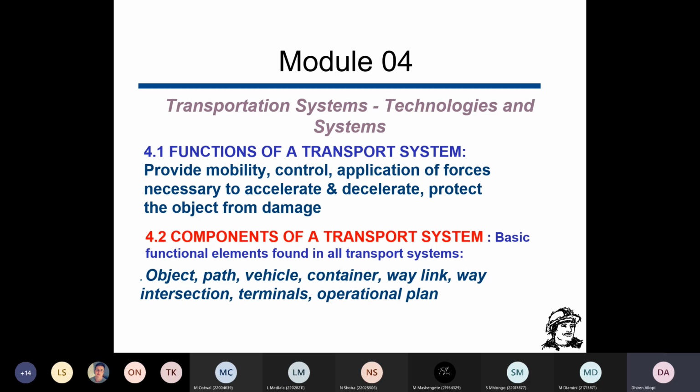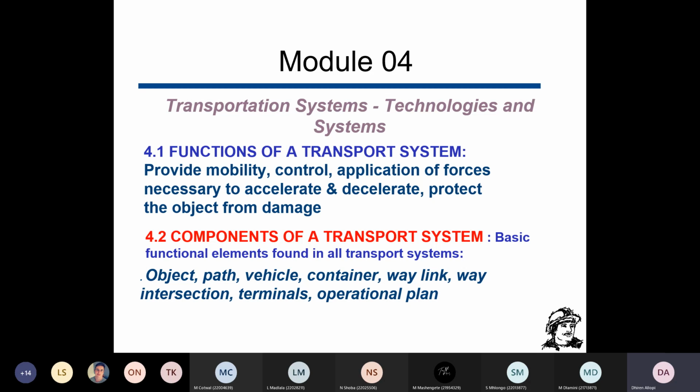And like I said, you could have a container that is self-motorized, in other words, able to control itself by application of forces, have mobility. On the other hand, you could have a container sitting on a vehicle with some object or some goods in it, and it travels on a particular road, maybe rail, maybe an air passage or water, your way link.